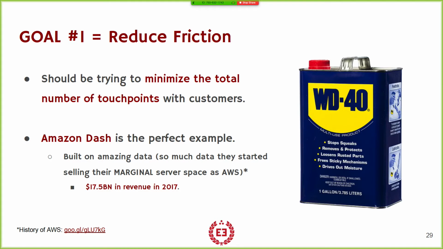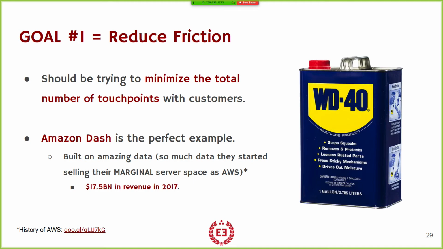And Amazon Dash is a good example of another benefit of doing this. Amazon made almost $18 billion last year on AWS, which is their cloud service. They did not set out in 1999 when they were patenting one-touch clicks to become a web server services company.